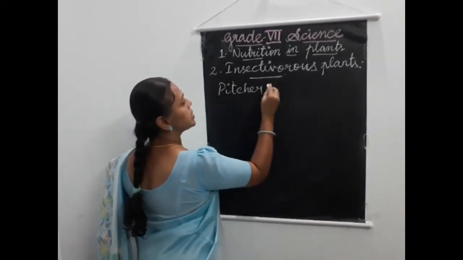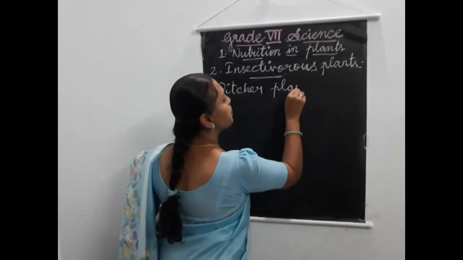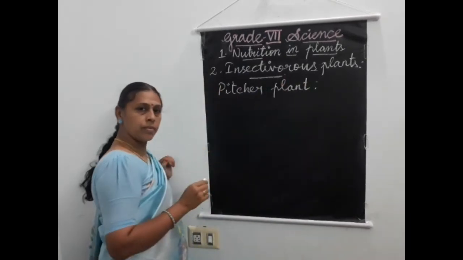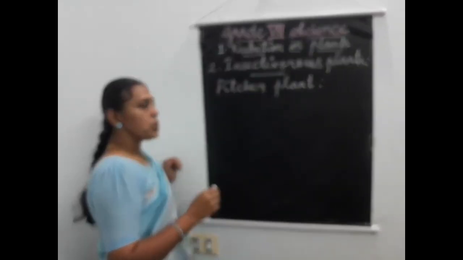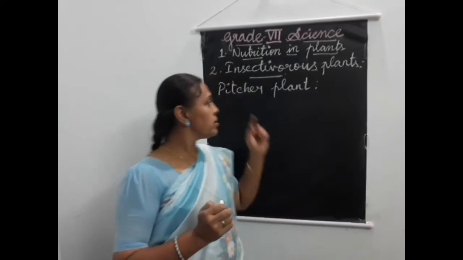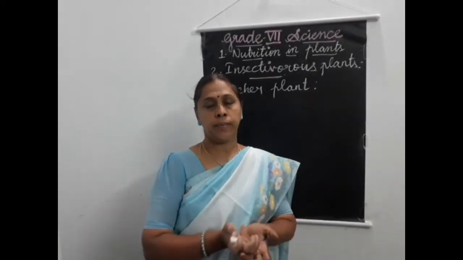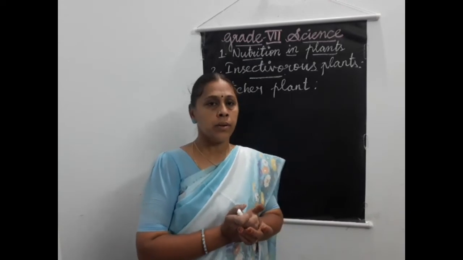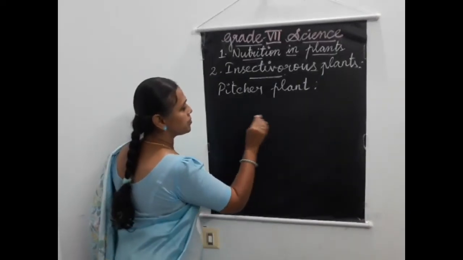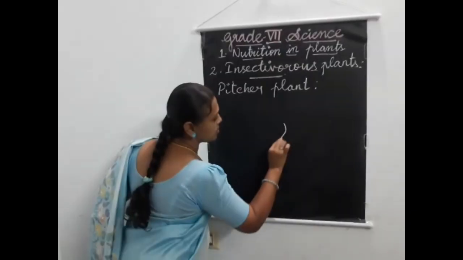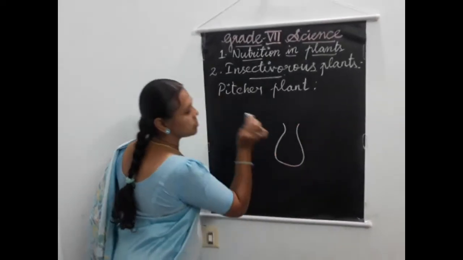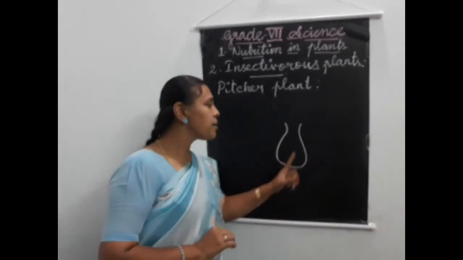What is that example? Pitcher plant. So pitcher means what? This pitcher. In Tamil it is called kuduvai. This is the pitcher.